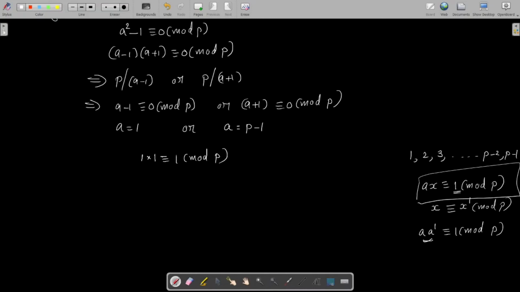That is, in the linear congruence Ax congruent to 1 mod P, we put A equal to 1. When A equal to 1, this A dash also equal to 1. So we have 1 into 1, that is 1 congruent to 1 mod P. Now A equal to A dash happens at A equal to P minus 1 also. Now we have P minus 1 into P minus 1 is congruent to 1 mod P.